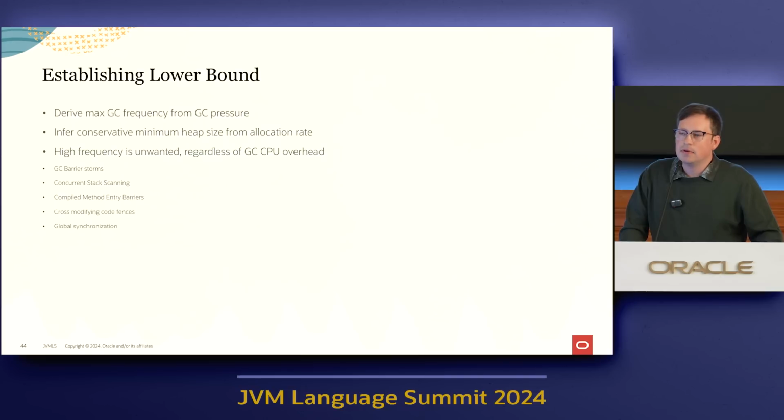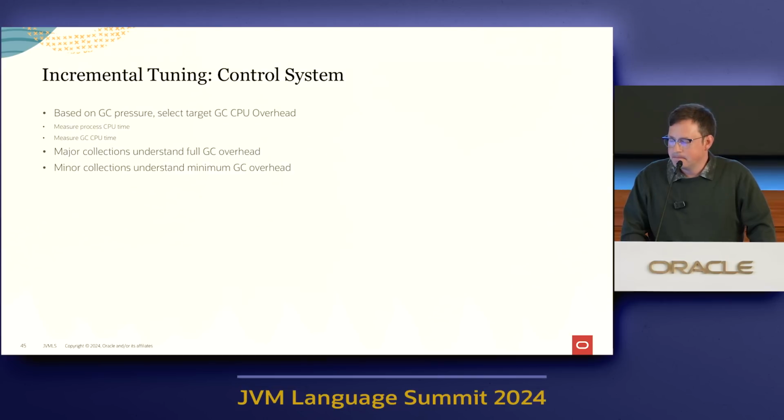If the frequency of garbage collection is too high, then we're running into all sorts of problems from the application threads, such as global synchronization, safepoints, various storms, concurrent stack scanning, processing, and compiled method entry barriers and things like that. So you want to space the GC cycles a little bit. And by just looking at the allocation rate, we can infer some sort of minimum heap size for the system, which is useful for growing very rapidly in the beginning.